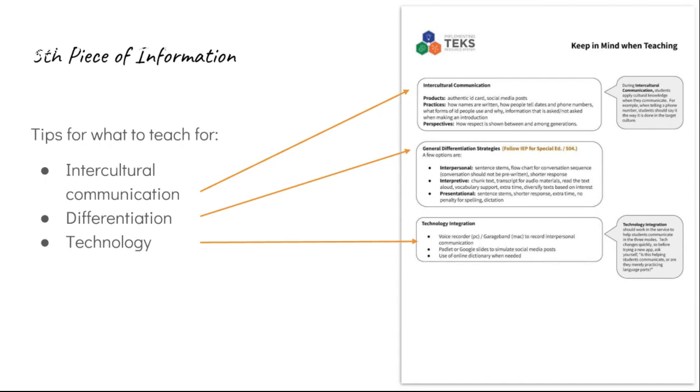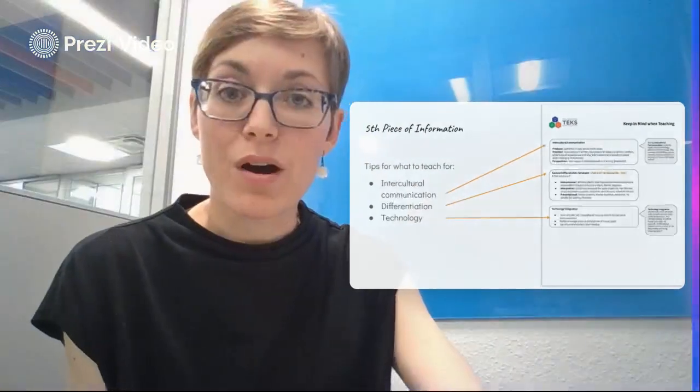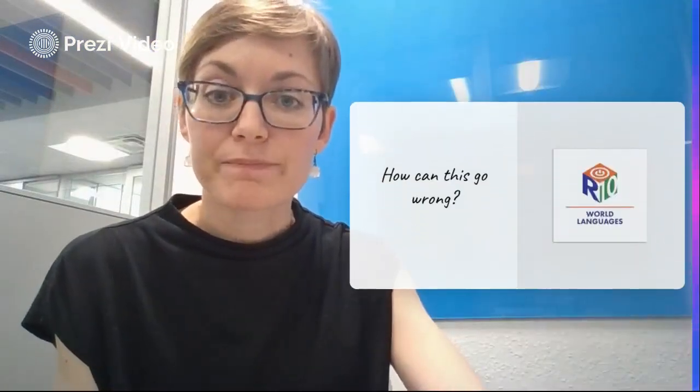Okay, for example, in some countries, they group the numbers differently. So we want to teach them the way that people communicate in the target language. Okay, differentiation and technology help or reminders are also available on this page of the unit.